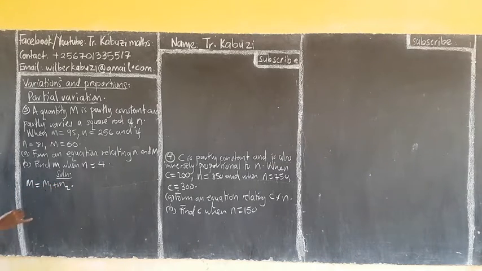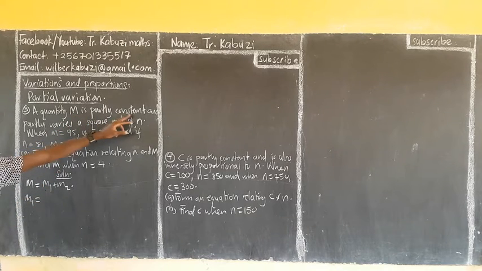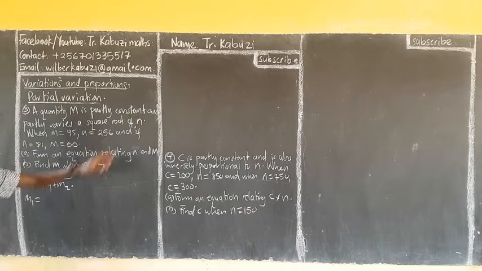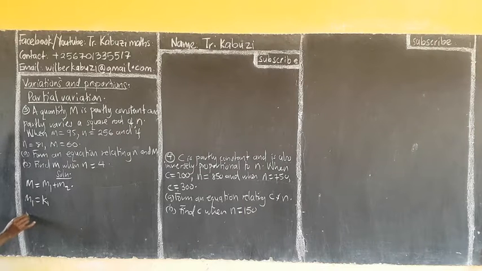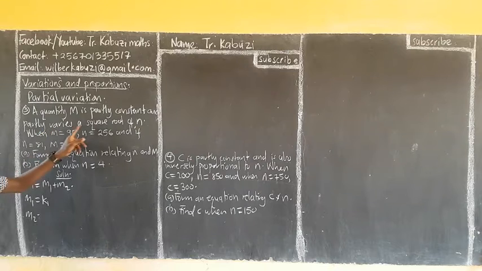But what is my m1? They are telling me m is partly constant, meaning that m1 is a constant. So it's a constant, let that constant be k1. What about my m2? They are telling me it partly varies as the square root of n.